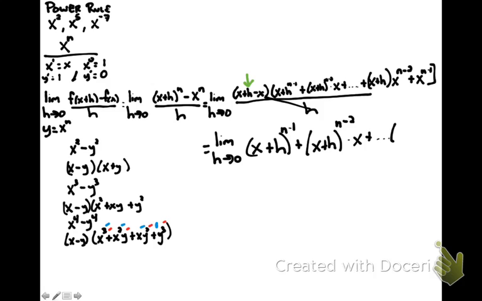And we'll have x plus h times x to the n minus 2 plus x to the n minus 1.